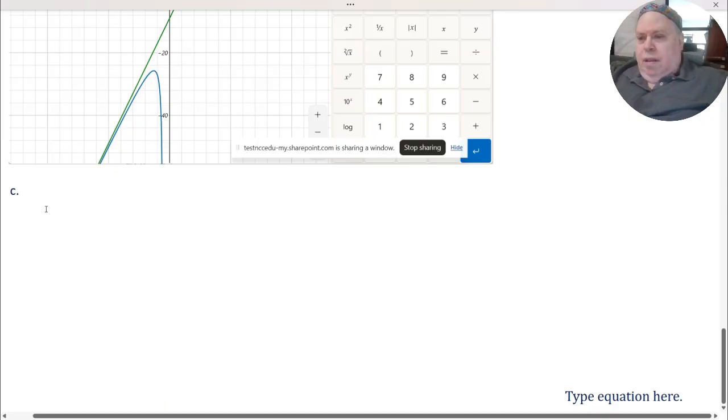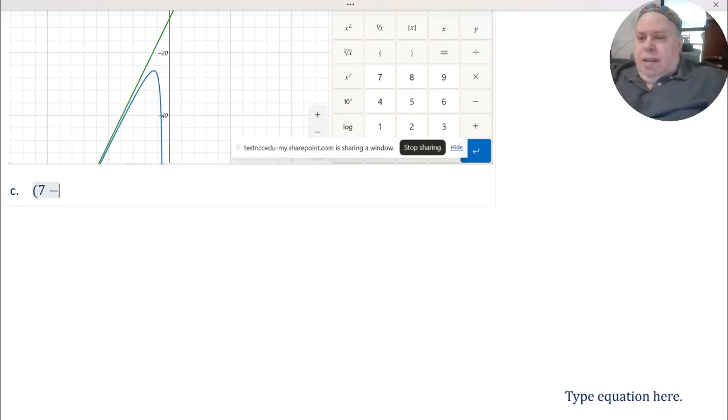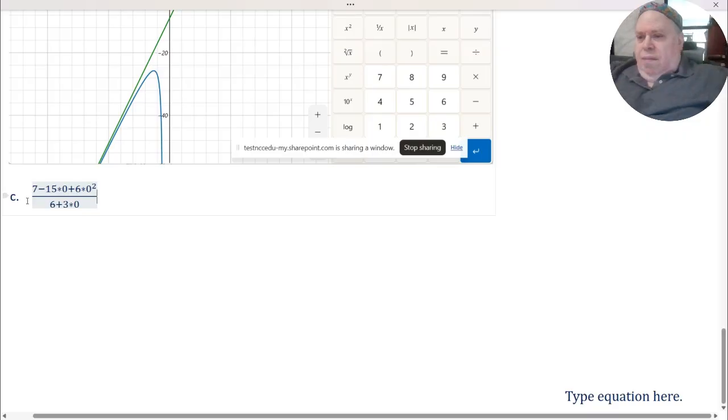And we get 7 minus 15 times 0 plus 6 times 0 squared, both of which will be 0, divided by 6 plus 3 times 0.